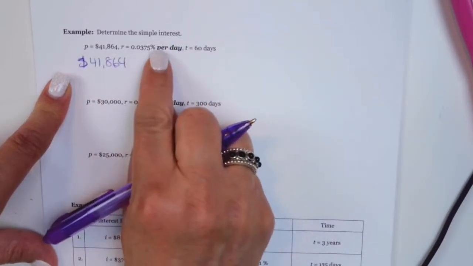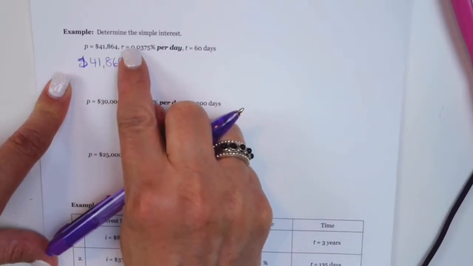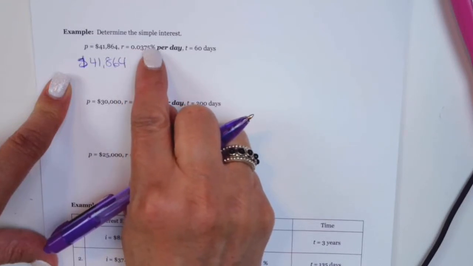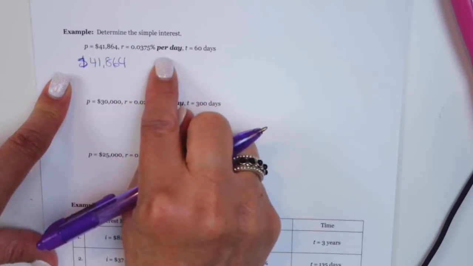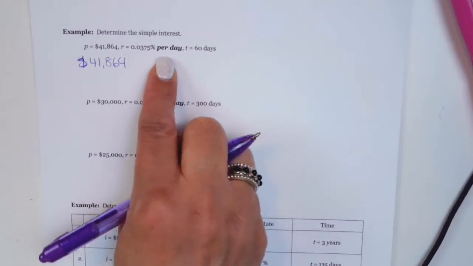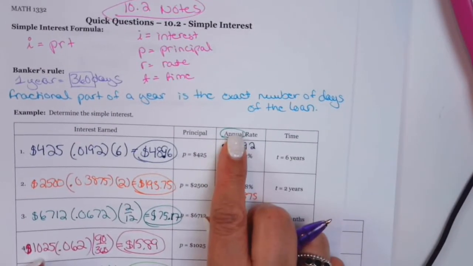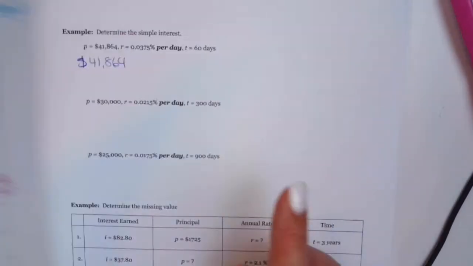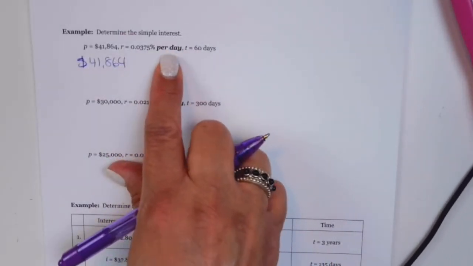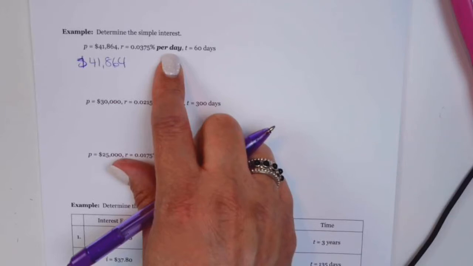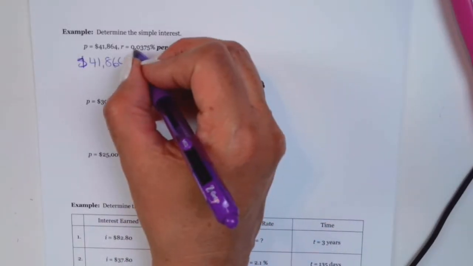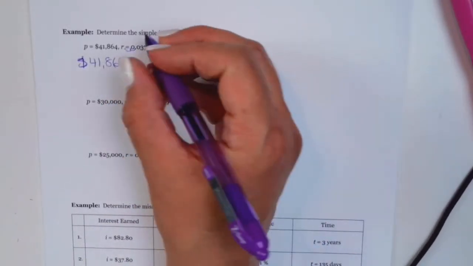Our rate here is 0.0375% per day. It is not an annual rate like it was on here. Here it says annual rate, meaning the rate is 1 year. This one is per day.